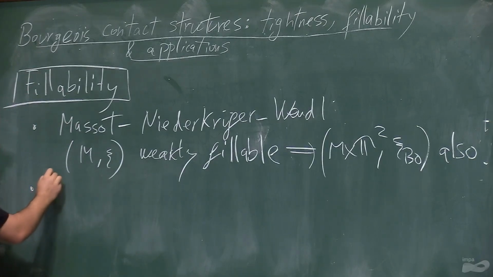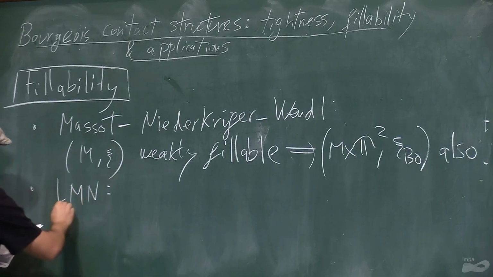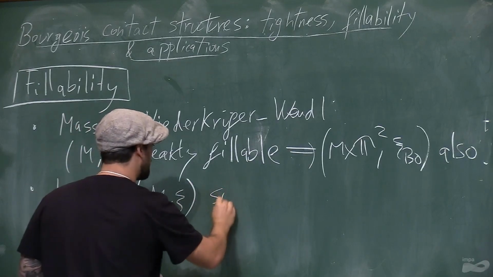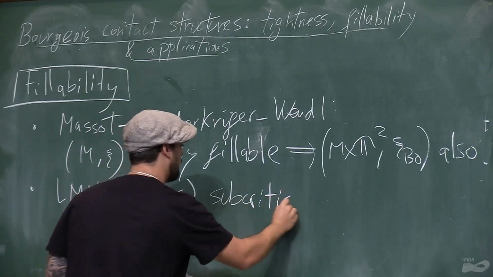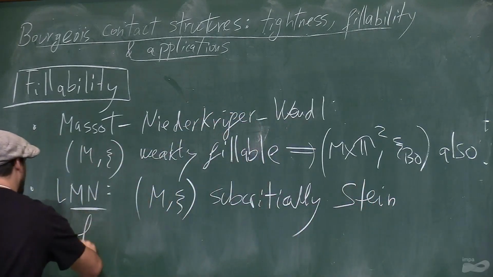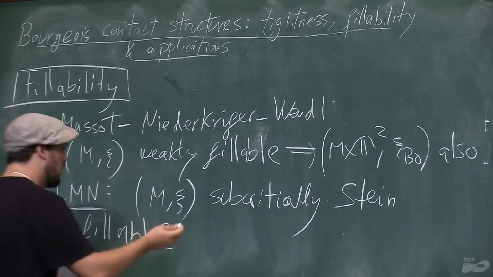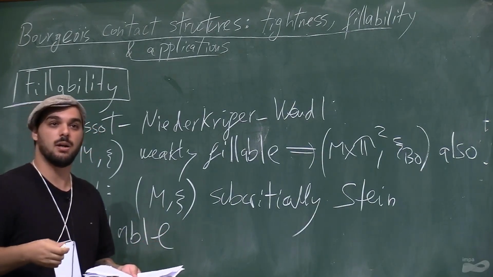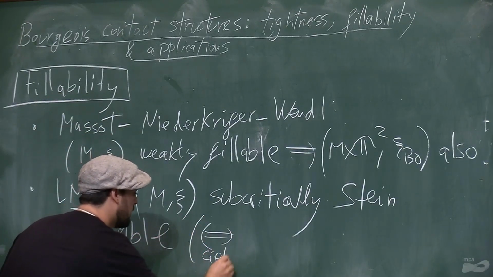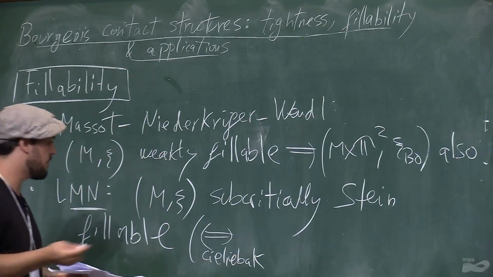Another result, by Lisi, Marinković, and Niederkrüger, says that if you start with some subcritically Stein fillable contact structure, then the associated Bourgeois contact structure is Stein fillable with respect to the open book given by Giroux. This is, by a result of Giroux, equivalent to admitting an open book with trivial monodromy.